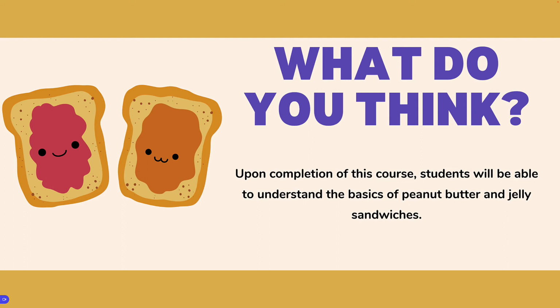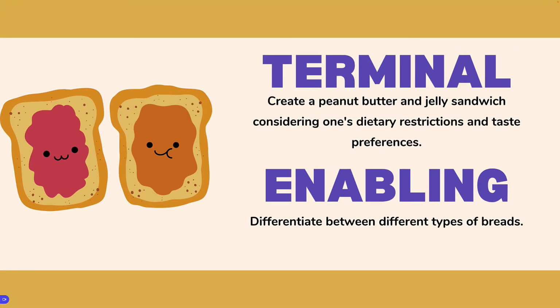So I'm hoping that you read this and were scratching your head and thinking, that's really not the best. So let's break it down and give some examples of what would be better. An example of the terminal would be, create a peanut butter and jelly sandwich considering one's dietary restrictions and taste preferences, right?